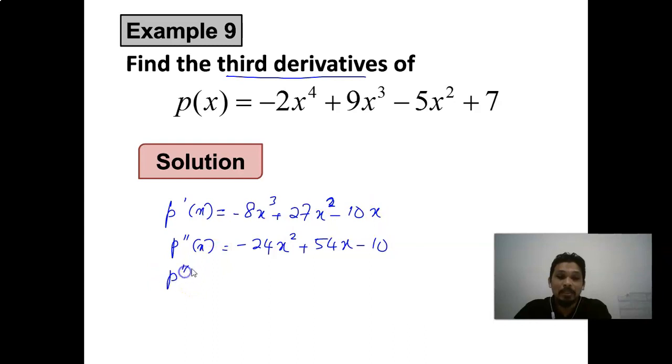And p triple prime x equals 2 times negative 24, negative 48x plus 54.